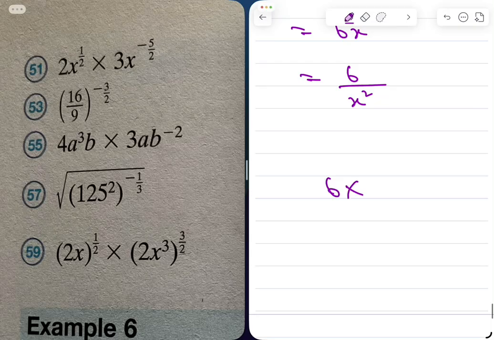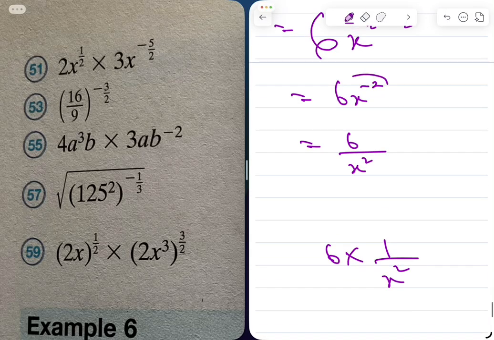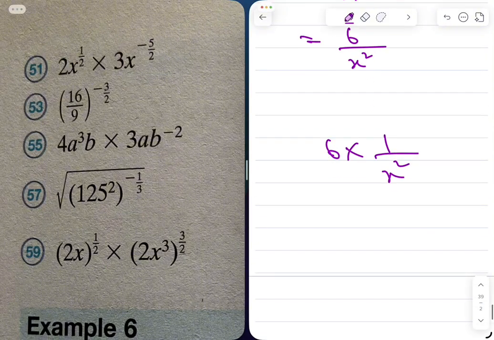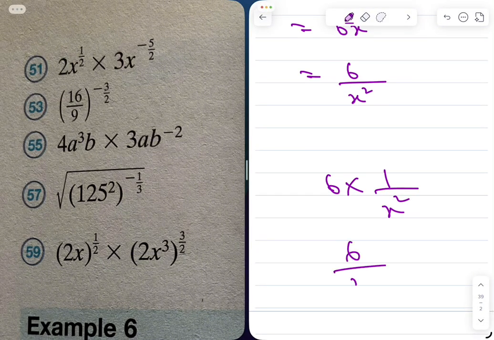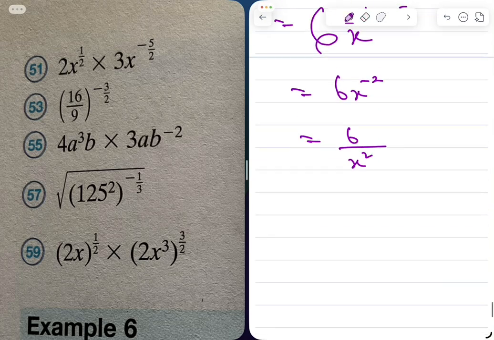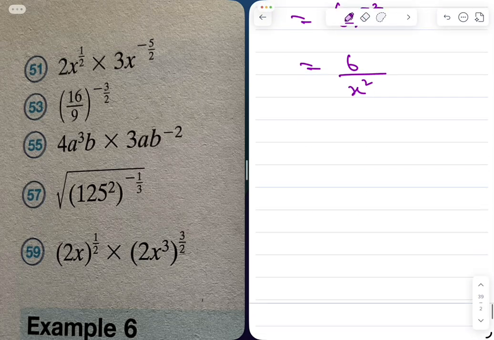So the answer is 6 over x squared. Very, very simply. Now we go to the next, which is number 52.